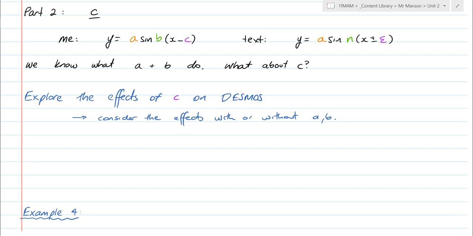So there we go. The effect of C is that C is a horizontal translation. And that's what you need to remember. Which of the 6 things, there were 6 things, peak, trough, midline, amplitude, phase shift and period, which one of those things do you think C represents?